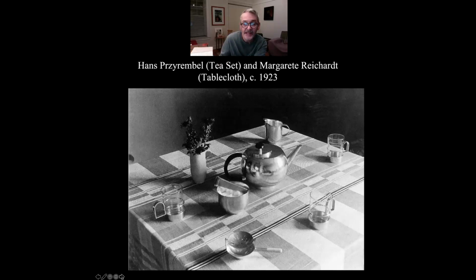Tablecloth, so textiles. The textiles and wall coverings were some of the most popular stuff that the Bauhaus students produced, and they continued to be made through the 1930s. There were people in the Nazi Party that felt like the Bauhaus modernism was German and should be preserved as German.